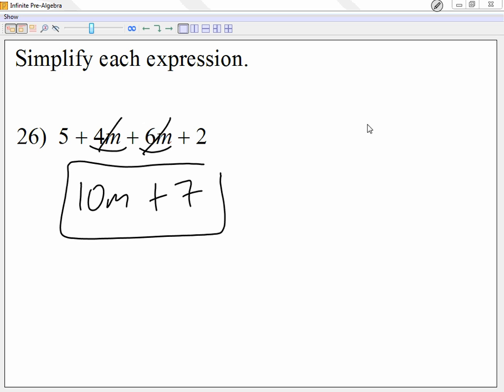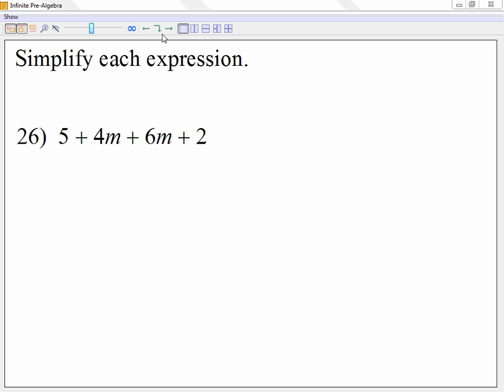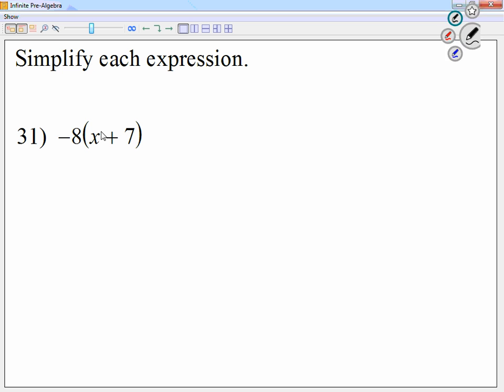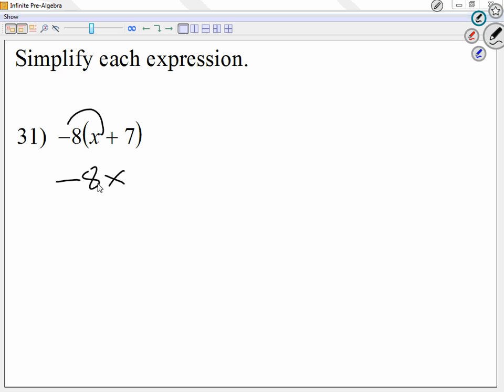So like I said, the first part, we're just combining like terms. That takes us up until number 30. But in number 31, we start with parentheses. All we do, we multiply the number on the outside to the terms on the inside. Negative 8 times x, I get negative 8x.